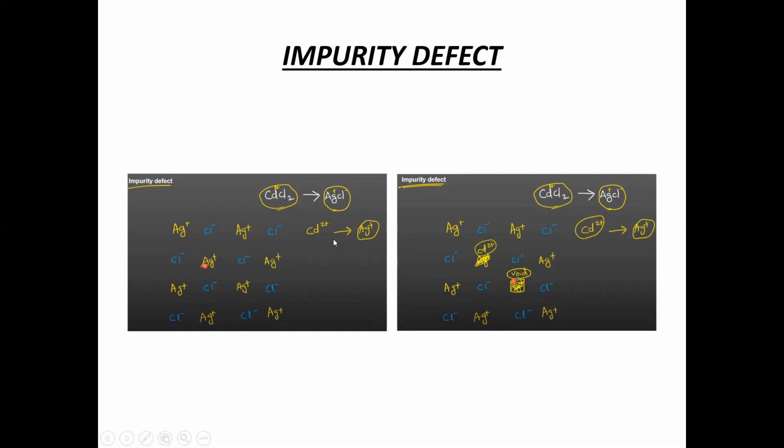While adding the impurity, the cadmium replaces the silver here. The Cd2+ replaces 2 silver Ag+ ions, and the Cd2+ is settled in 1 Ag+ place. So the other place becomes empty, and that we call the void here.